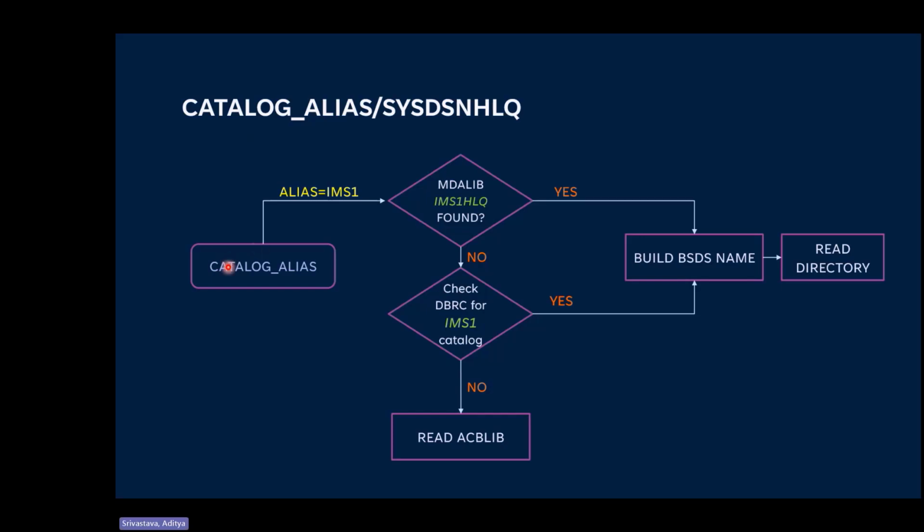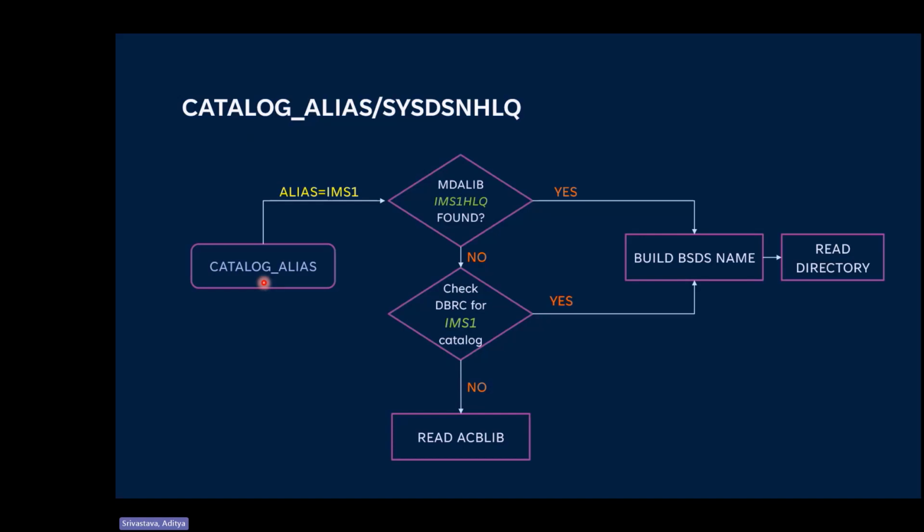But catalog_alias_name can also have a different value, which you use only when you want to reach directly from your ACBLIVE. So you have your managed ACB environment set up, you have the directory datasets and everything is there, but you still have your ACBLIVEs, and you want to read from the ACBLIVE.